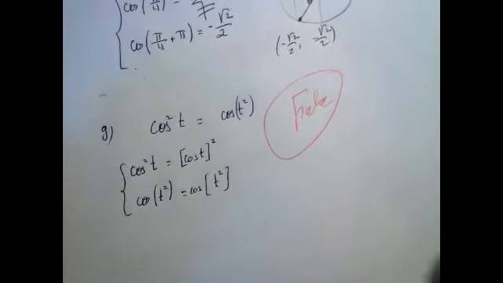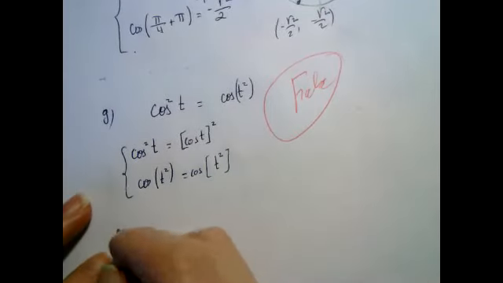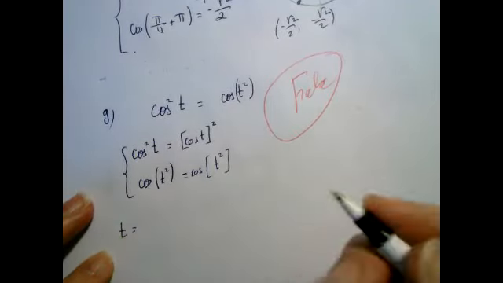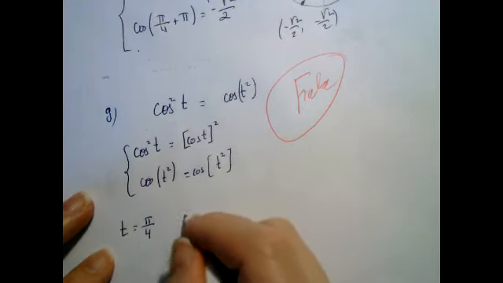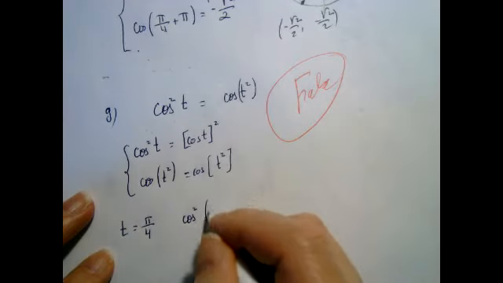Now, examples will be very easy. Suppose t is pi over 4, for example. What's the cosine squared of pi over 4?